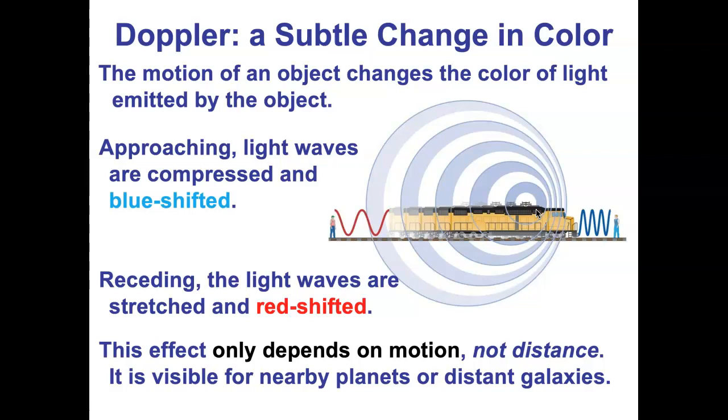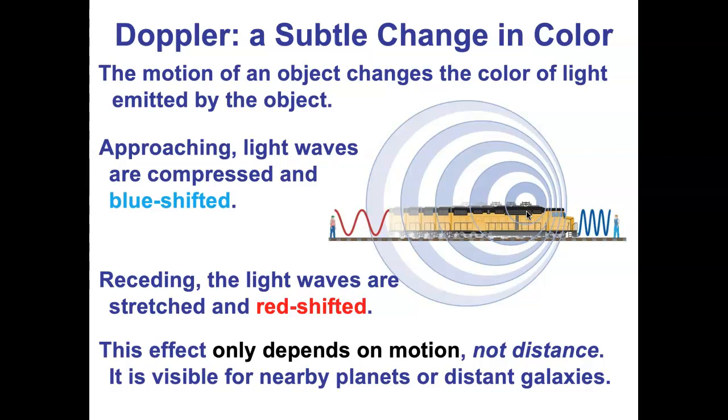If the train's not moving, then the train whistle sounds like normal. But if the train is traveling away from you, then those sound waves are being stretched as the train moves away from you. The sound waves are being stretched to longer wavelengths.